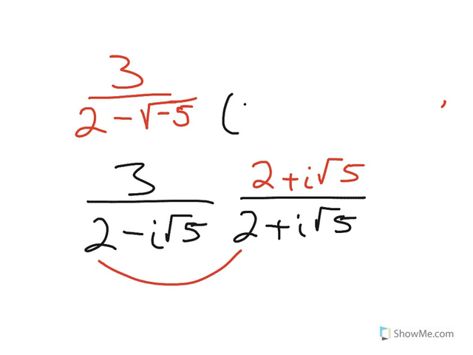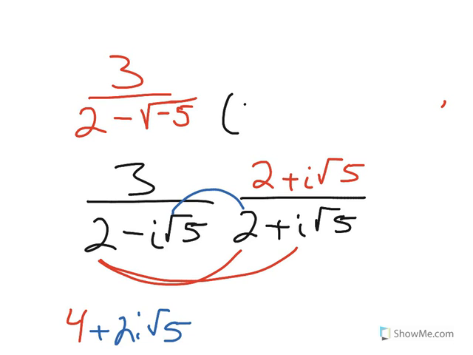So that gives me 4 plus 2i square root of 5, and minus 2i square root of 5. This is going to give me a minus 5i squared.